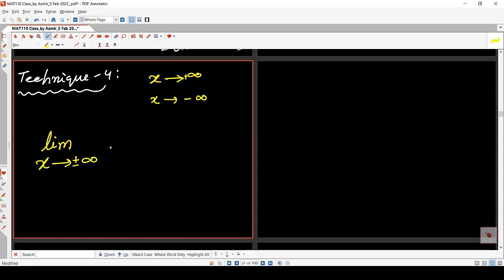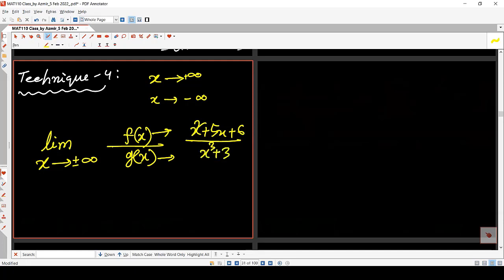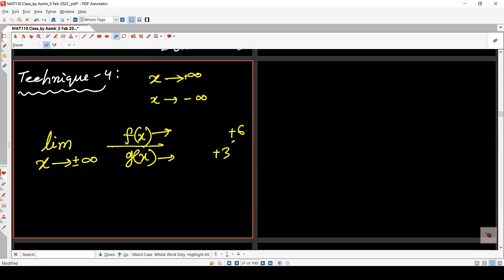So if we have this case with f of x divided by g of x, suppose this is a polynomial function and this is another polynomial function. Polynomial means we have x squared plus 5x plus 6, let's say, in the upper part, and in the denominator we have x cubed plus 3, like that. So these are polynomial functions.